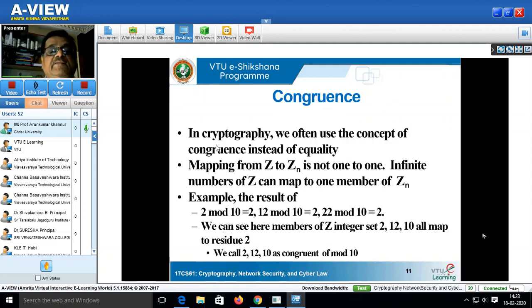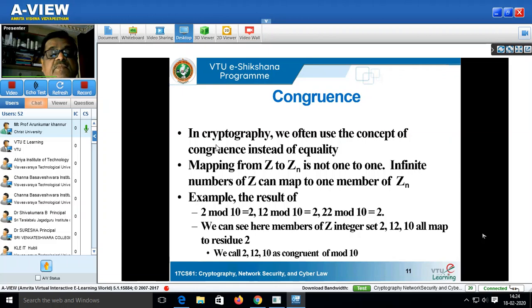In cryptography, we often use the concept of congruence instead of equality. The mapping from the set of integers Z to the set of residues is not one-to-one; infinite numbers of Z can map to one member of Zn.